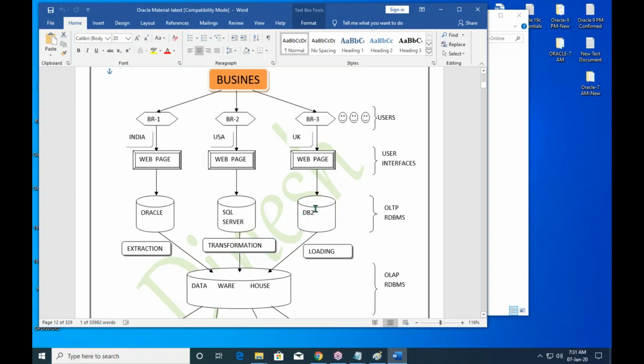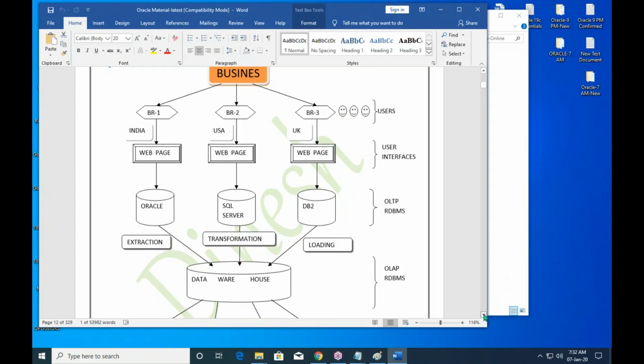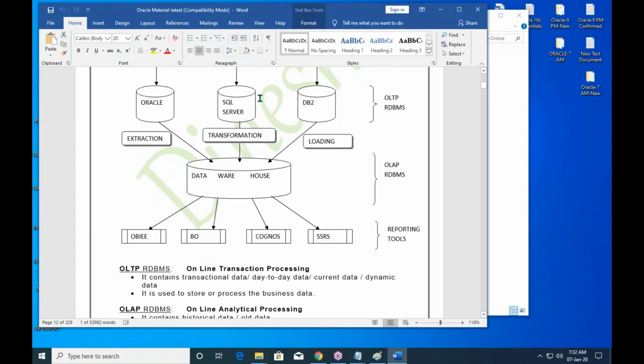First quarter data is saved under OLTP. Okay, sir, the business started long back, 10 years back. What about previous data? Listen, at the end of each quarter, the data is moved. Presently we are in the first quarter of 2020, so that data is saved under the OLTP database.